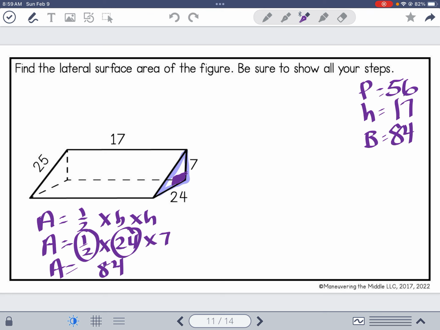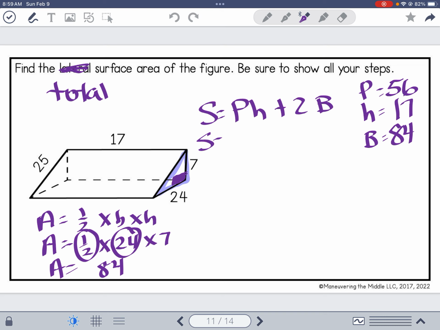All right, so now we have all three. We have our perimeter, we have our height, and we have our area of our base. Now, if it's asking us for total surface area, you can do it all in one line. We don't have to separate it. So S is equal to the perimeter, 56. All we're doing is plugging in our numbers. The height is 17 plus 2 times 84. Now, obviously, you're definitely going to want to put that in the calculator.